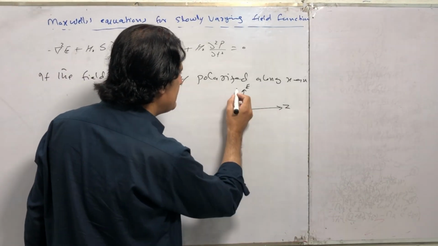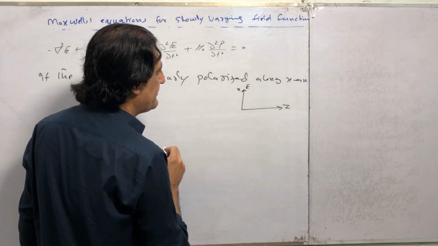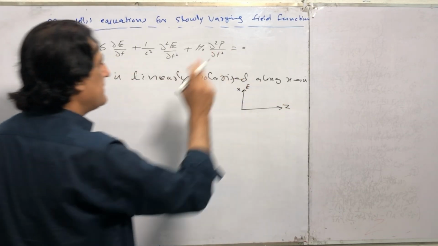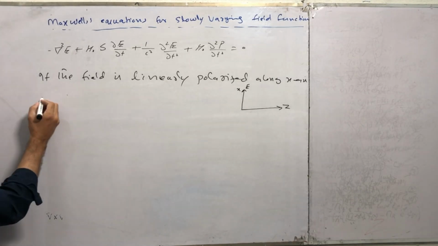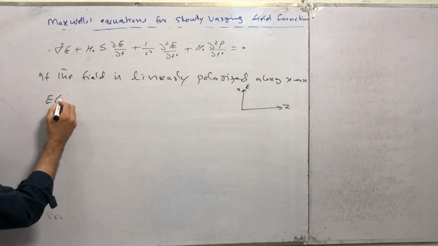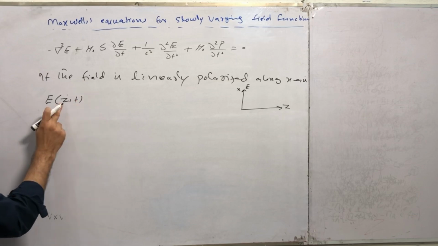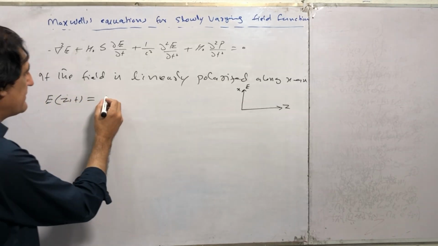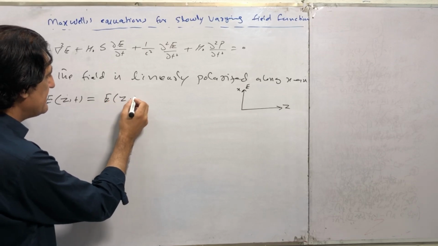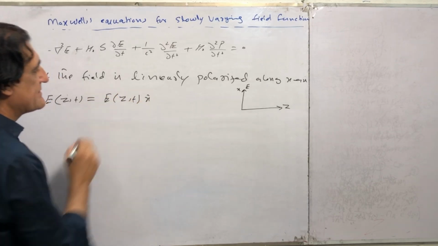So if this is z and this is x, mathematically how can we represent the electric field? It means that the electric field is propagating along the z direction, and we can write this as E(z,t) and x.